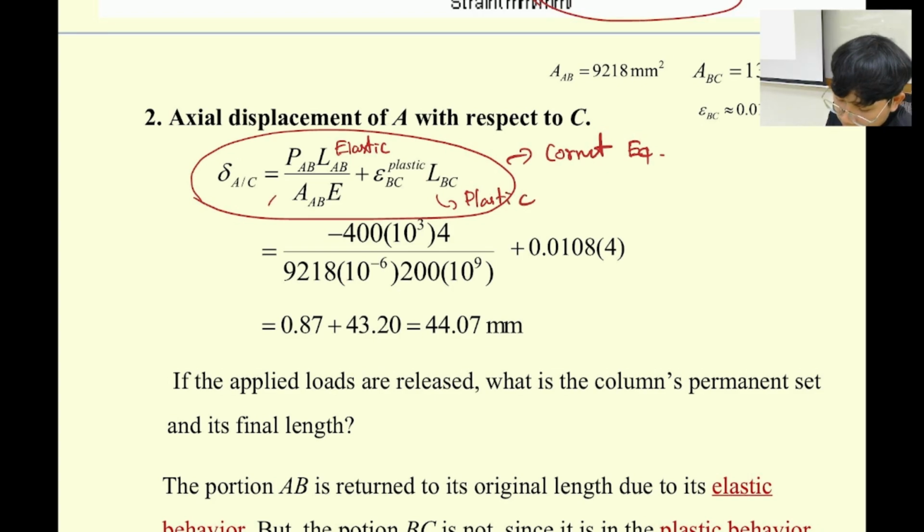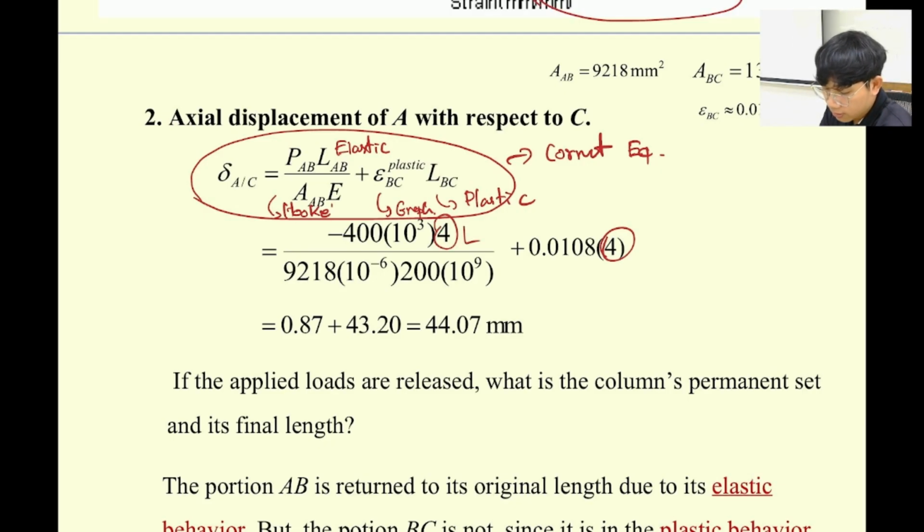Again, elastic, use Professor Hooke's law, and this one use the graph only. And then just substitute everything. We know that our column length is 4 meters for both.